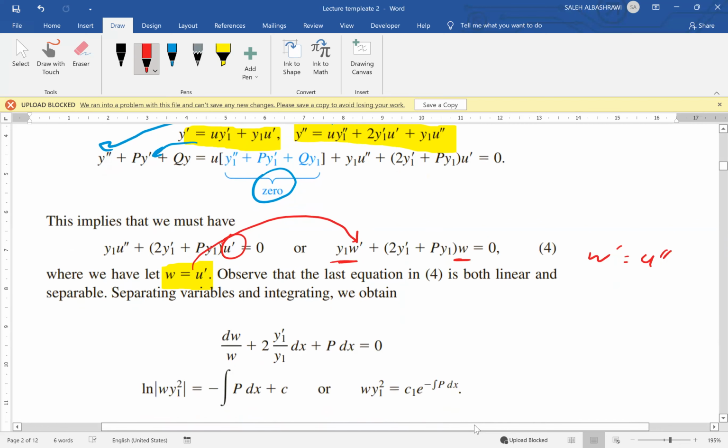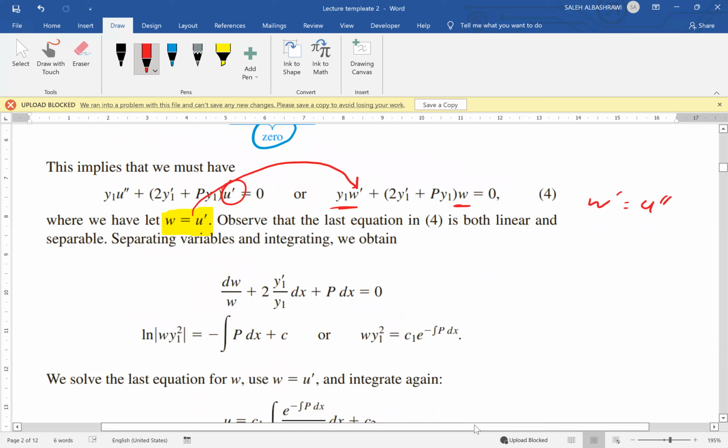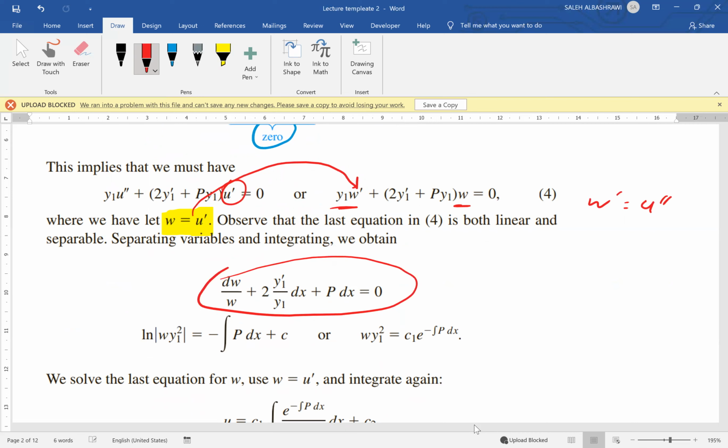Now put it in the standard form, we will have dw over w plus 2 y1 prime divided by y1 dx plus b dx equal to 0. This equation is a separable equation.